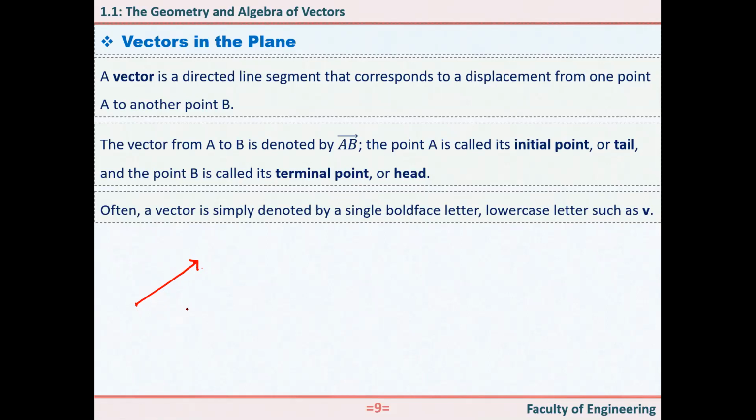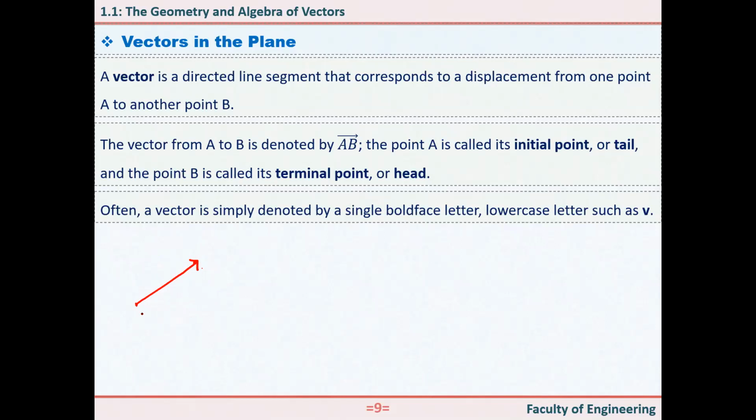If you're talking about force, that length represents the magnitude of the force. So anyway, when we say vector, the first thing that comes to our mind is a directed line segment.